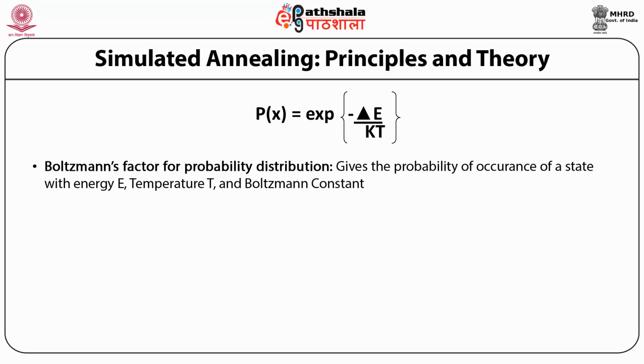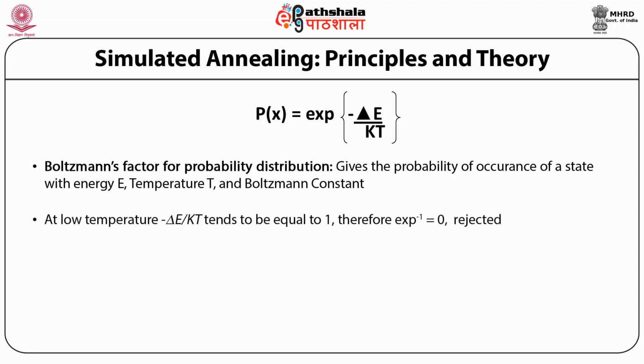Adjustment in the temperature apparently leads to the flattening effect of the energy contour and is well incorporated in the principles for the probability distribution using the Boltzmann equation. At low temperature, the ratio of the delta energy with temperature becomes large, so the probability tends to 0 and the move is rejected.